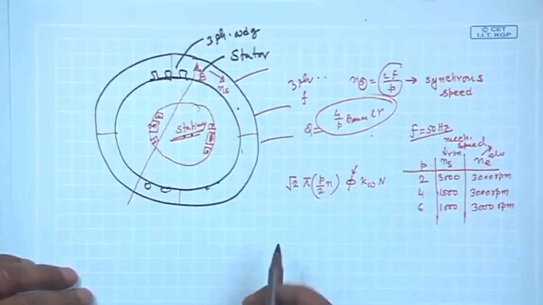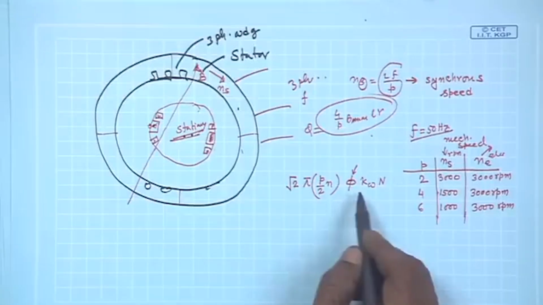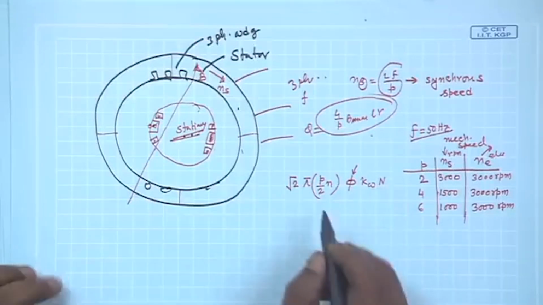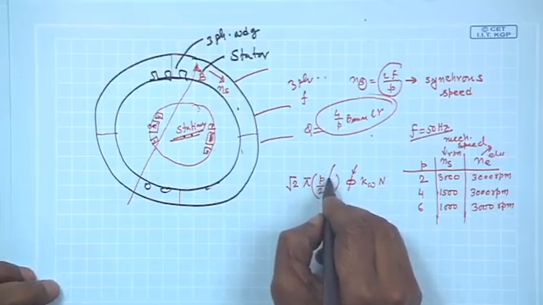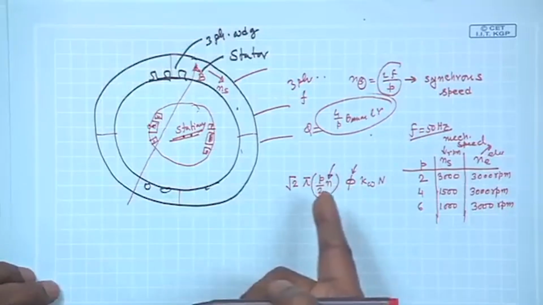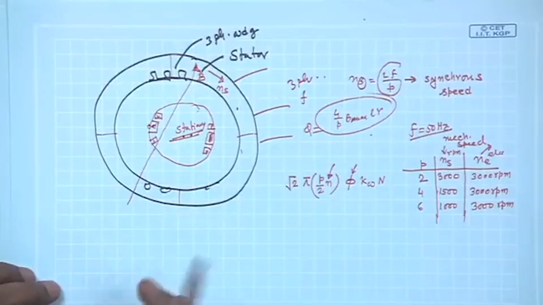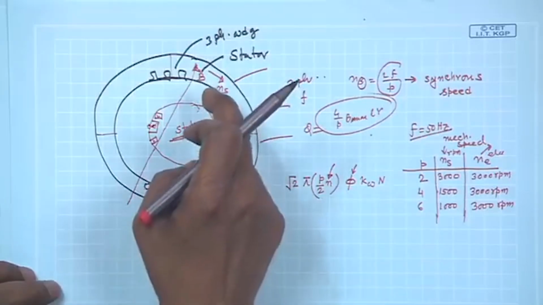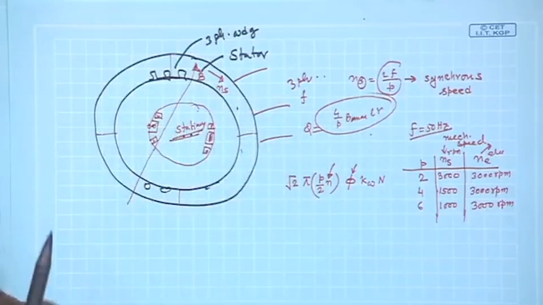We have found out earlier, root 2 pi f phi kw N. Now, what is this n? This n is the relative speed, mechanical relative speed between this and this.